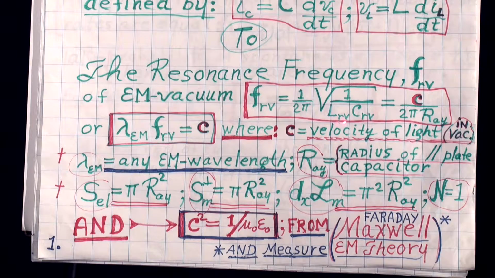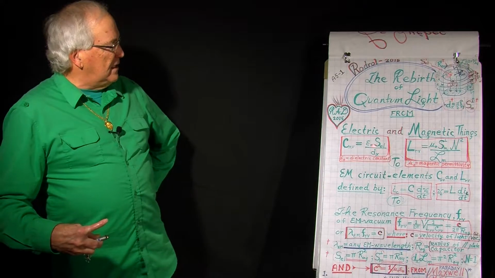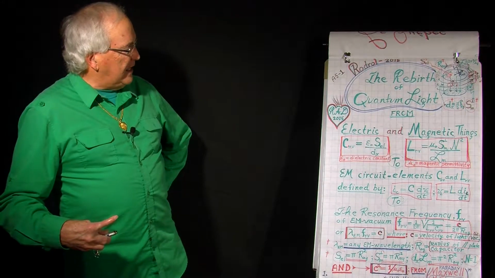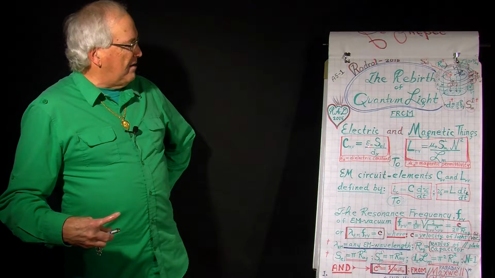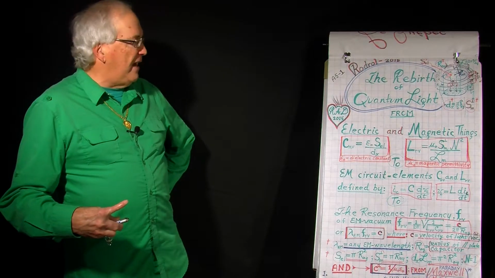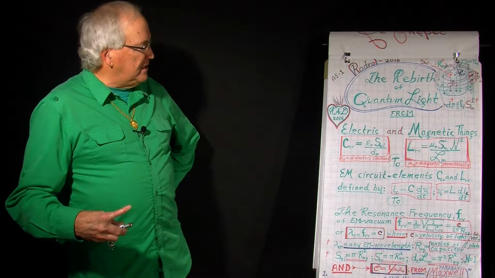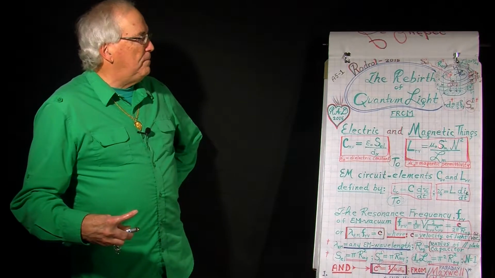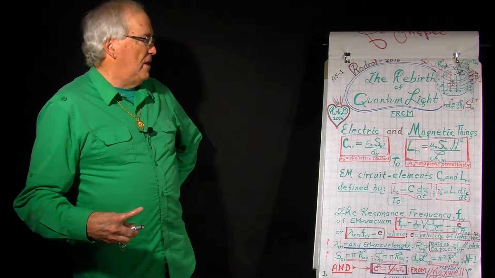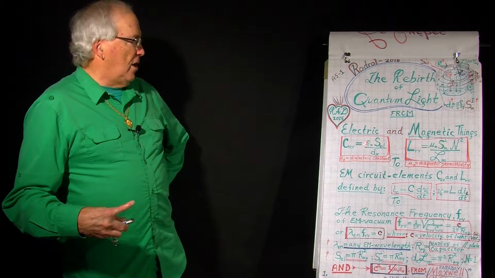But using the physical and electrical engineering definitions of capacitance and inductance, the capacitance is directly proportional to the dielectric constant of the vacuum, and the inductance is directly proportional to the permittivity of the vacuum, which are the two fundamental constants.